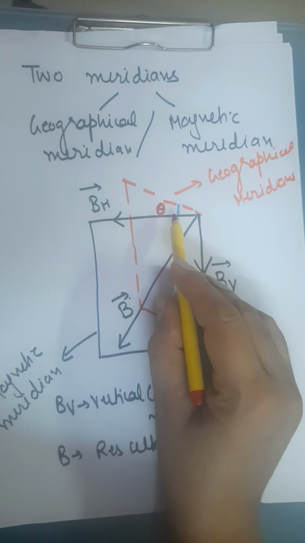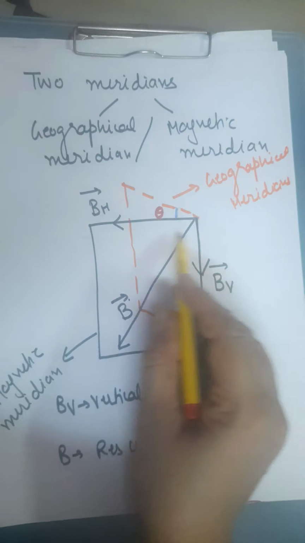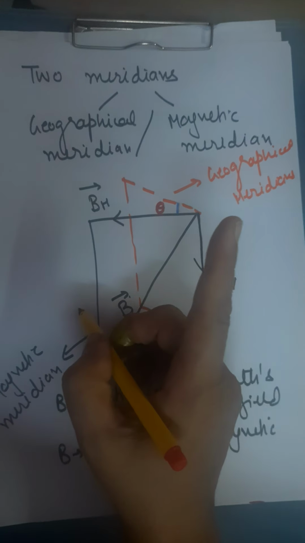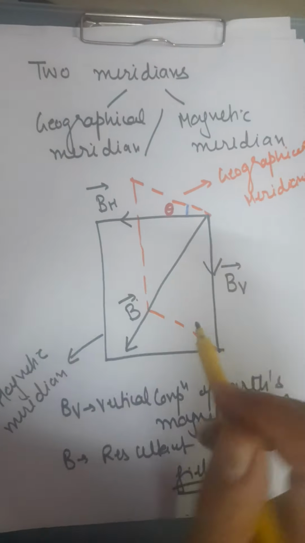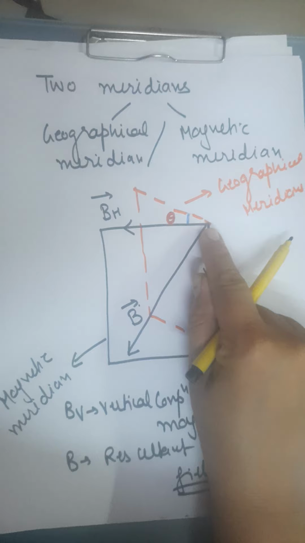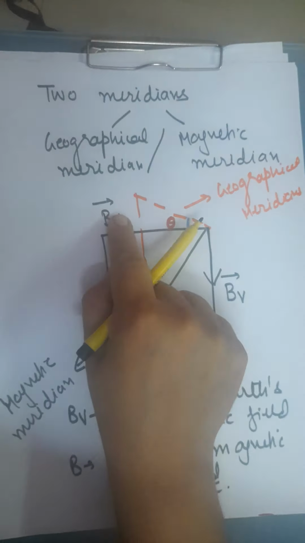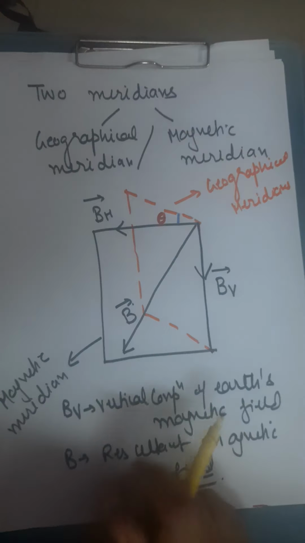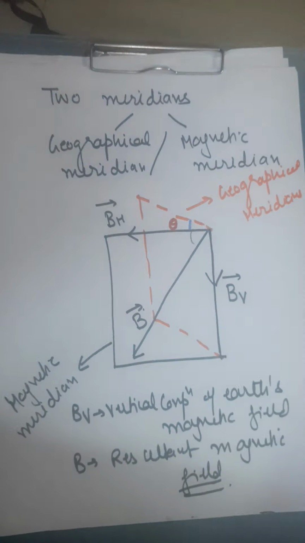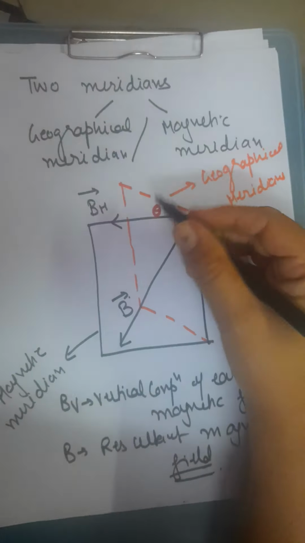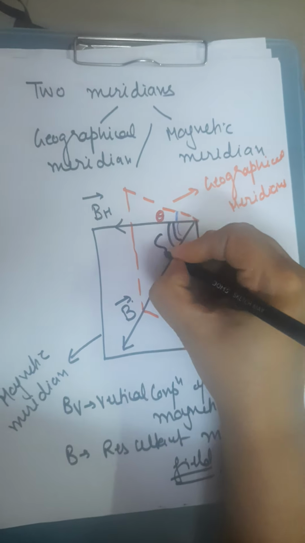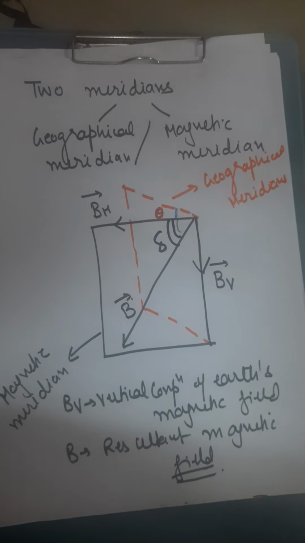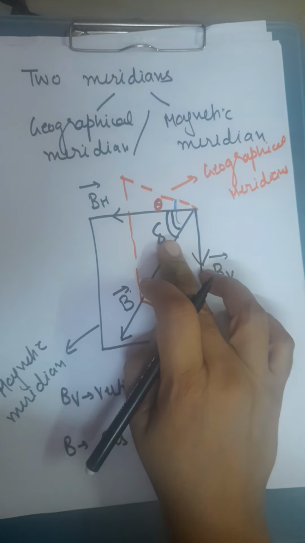This theta is the angle between geographical meridian and magnetic meridian. Second, children, the angle between the resultant of BV and BH with BH is called the angle of inclination, which I abbreviated as delta, right?